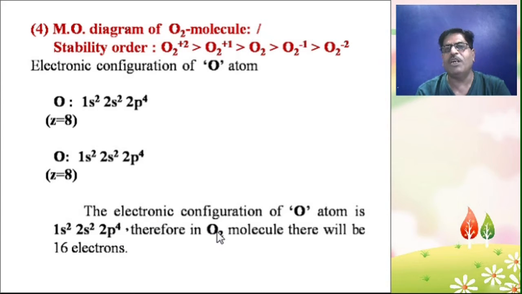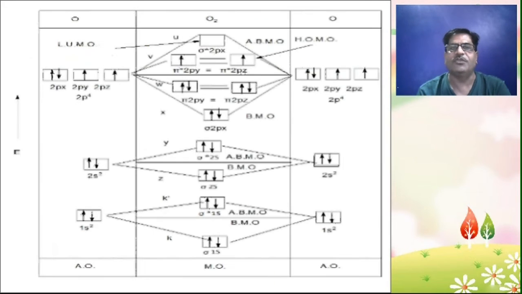Therefore in O2 molecule there will be 16 electrons. Now let's draw the MO diagram of O2 molecule. Here 1s2, 2s2, 2p4. Another oxygen here 1s2, 2s2 and 2p4.